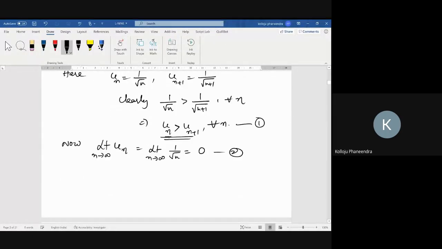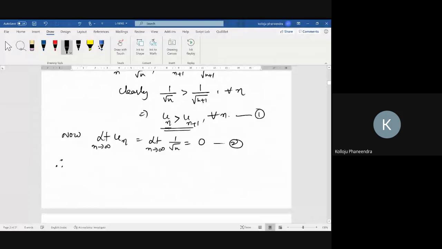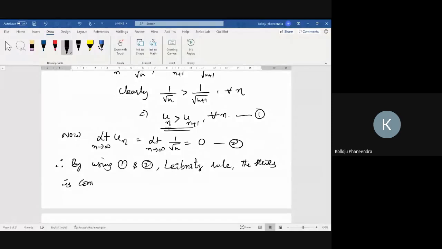Therefore, by using 1 and 2 and the Leibniz rule, the series is convergent.